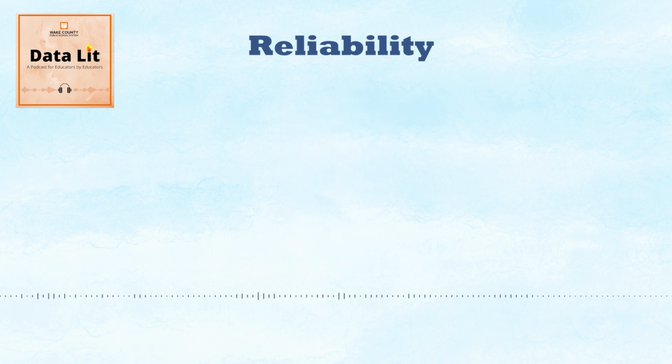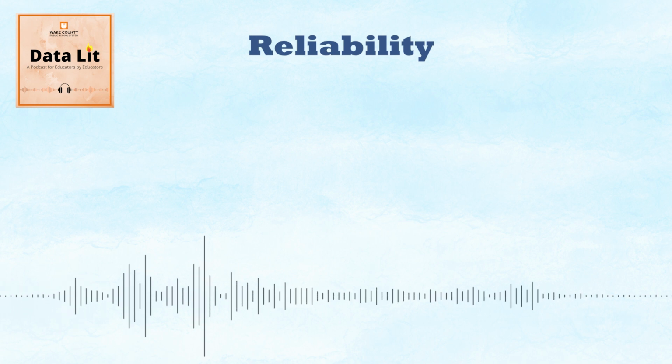So we consider reliability, this notion of how consistent or dependable the information is, to be the first main non-negotiable. If we're not getting reliable information, we're not going to the next step.